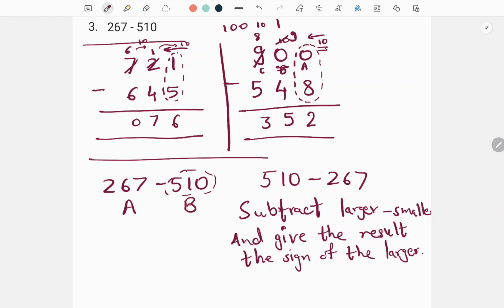So this 510 here came with a negative sign, so I need to perform this subtraction, 510 minus 267, and then give it a negative sign.